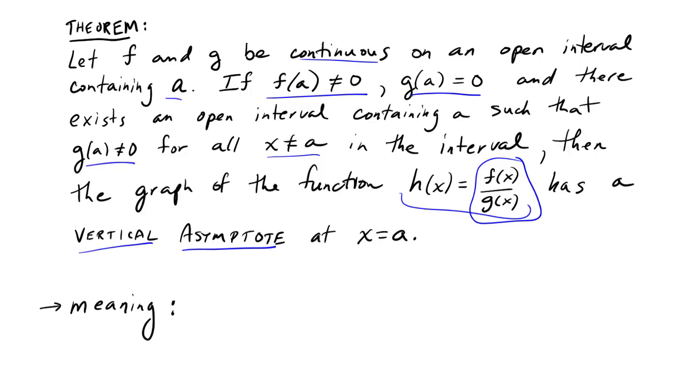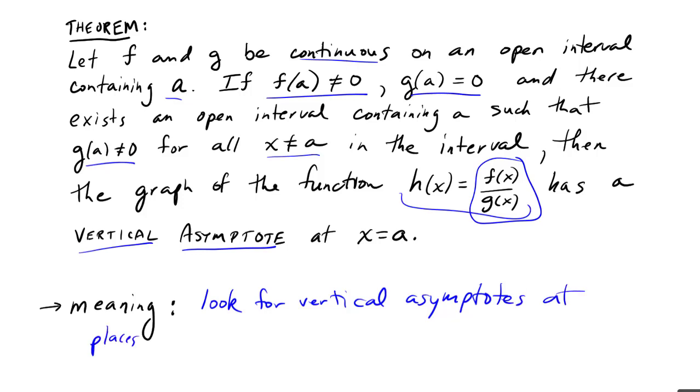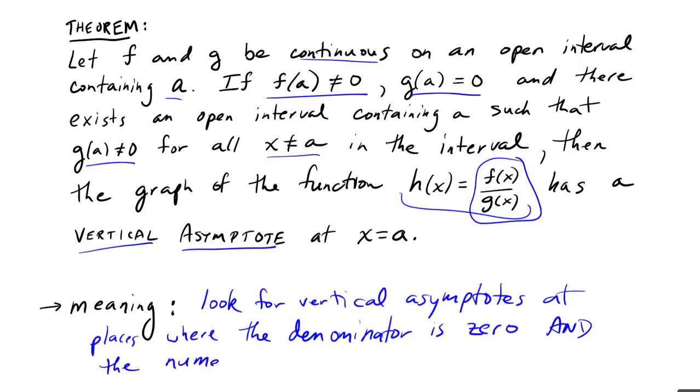So I'm going to say here that the meaning is: look for vertical asymptotes at places where the denominator is 0 and the numerator is not 0.